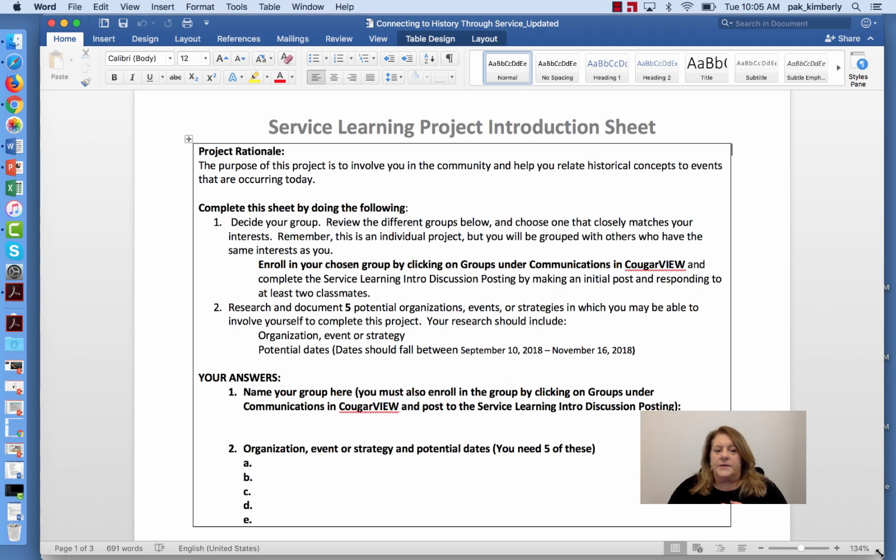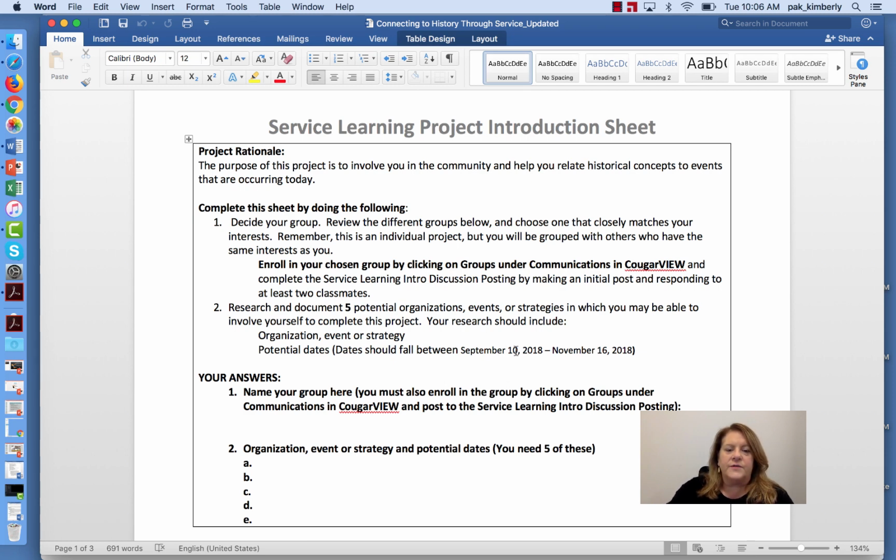You also will complete the Service Learning Introduction discussion posting once you enroll yourself in the group. Also, you're going to research and document 5 potential organizations, events, or strategies in which you may be able to involve yourself to complete this project. So your research should include the organization, the event, or the strategy, and some potential dates that you can complete this.